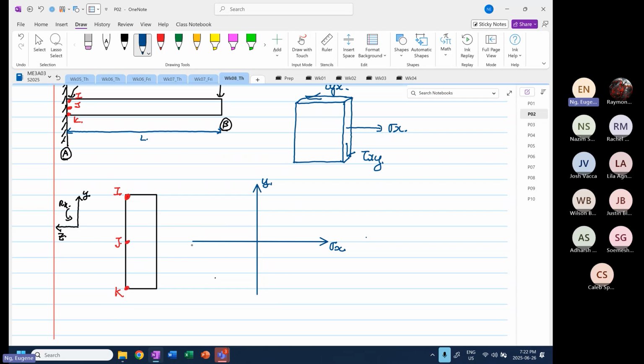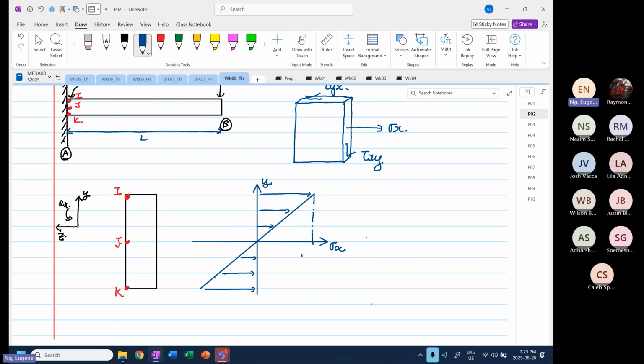We know that over here is compression, tension. So if it's bending that way, I is in compression. Sorry, I is in tension. Our normal stress will look like this based on how the forces are acting. At the top, we are going to be in tension. At the bottom, we are going to be in compression. So we know the magnitude over here.